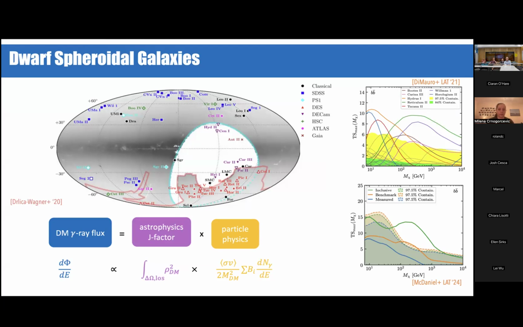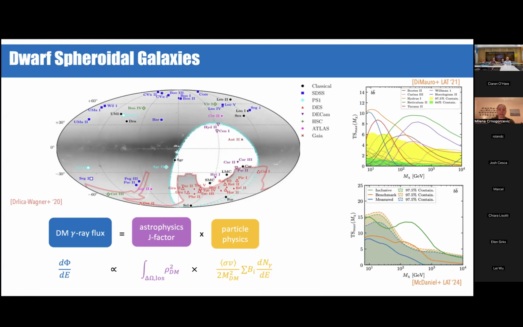dark matter target. On the top, I show the dwarf galaxies that have either already been detected or are predicted to be redetected in the future by optical surveys.